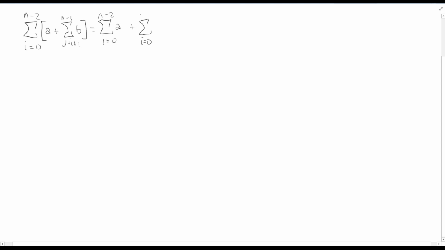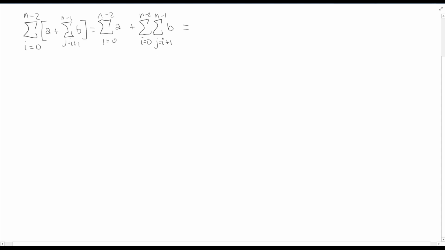The outer one is still going to be the same indices, I equals 0 to n minus 2. And our inner one, again, same indices, j equals I plus 1 up to n minus 1. And the constant that we're summing over here is b.